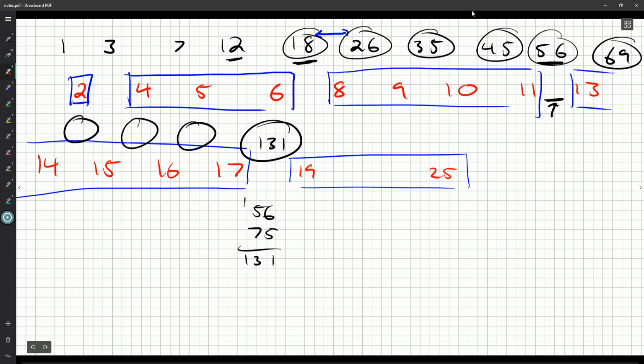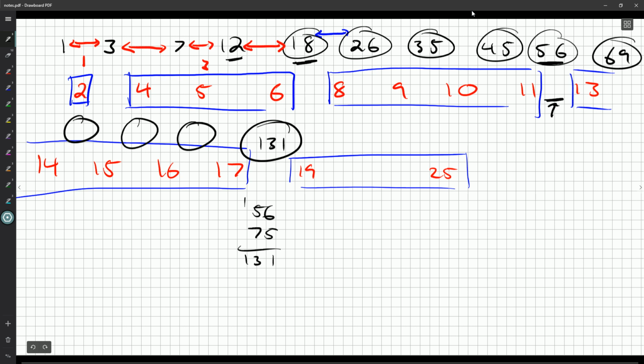But okay. So there's one number missing between 1 and 3. There's 3 numbers between 3 and 7. There's 4 numbers there. There's 5 numbers there. So what we might do is try and figure out, well, how far do I need to go?